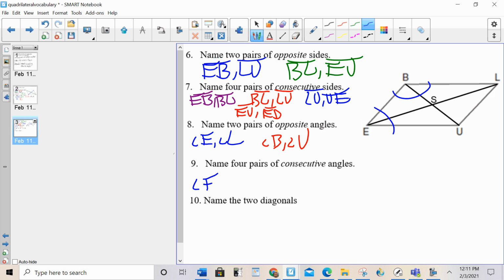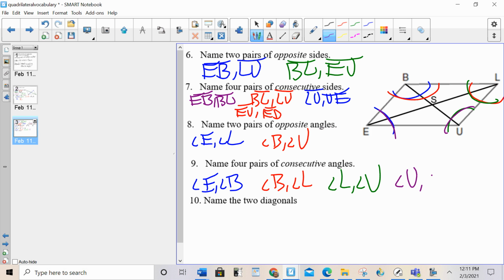E and B. B and L. L and U. U and E. They are consecutive because they are one after another. They're next to each other. They're not opposite each other.